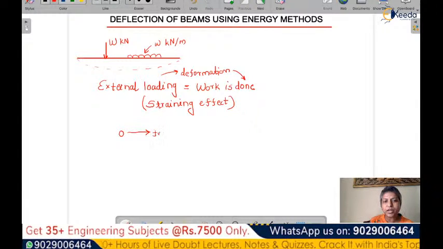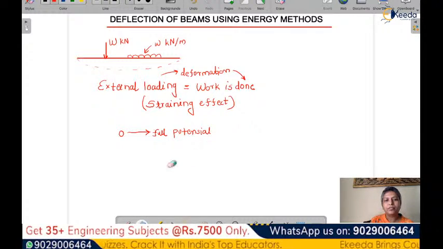It takes that load to the full capacity, which is a better word.